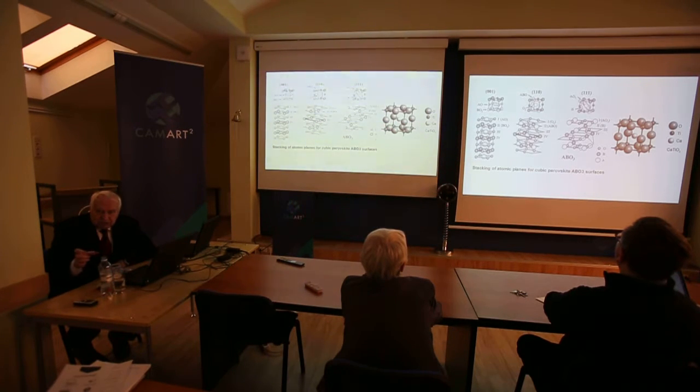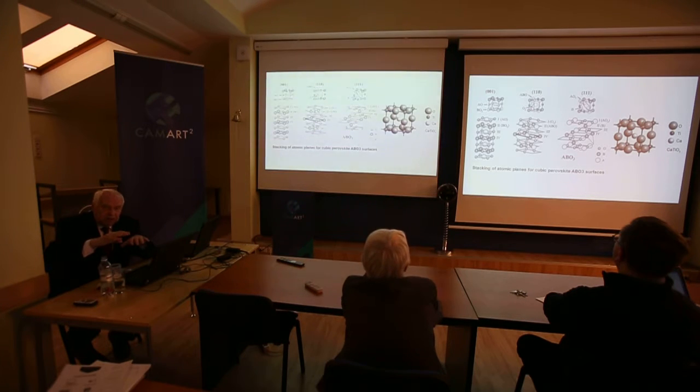Therefore, this bonding is stronger. So, when you consider the AO surface, you have ions of A and oxygens, formally 2 minus, but not 2 minus because they are on the surface. So it depends on the position of certain molecules.